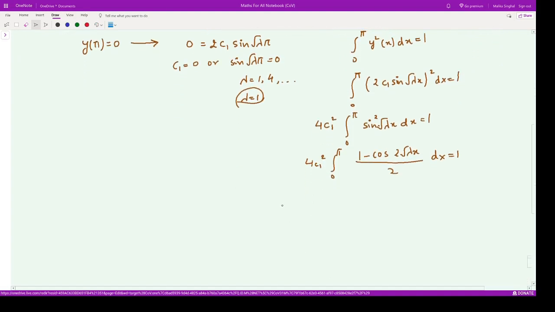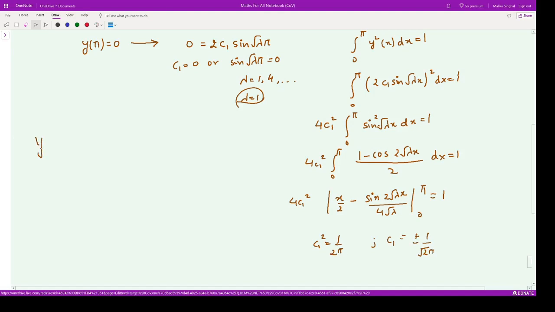So we will get 4 c1 square times, 1 by 2 integration would be x by 2, minus integration of cos would be sine 2 square root of lambda x divided by 4 square root of lambda, and the limits are from 0 to pi is equivalent to 1. Just solve this, you will get c1 square is equal to 1 upon pi, and hence you will get c1 is equal to plus minus 1 upon square root of 2 pi.